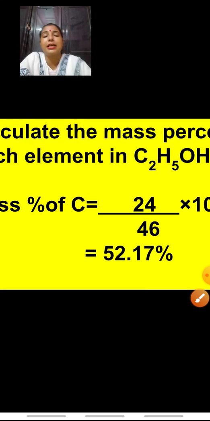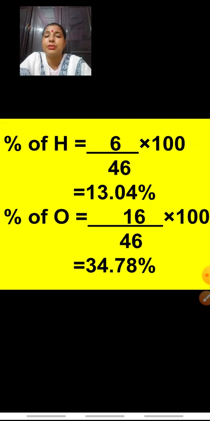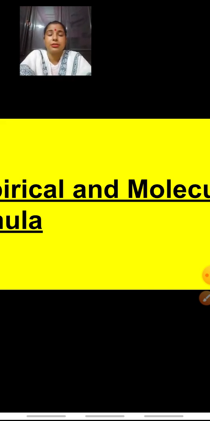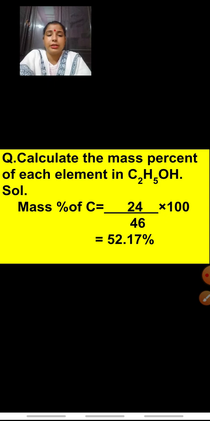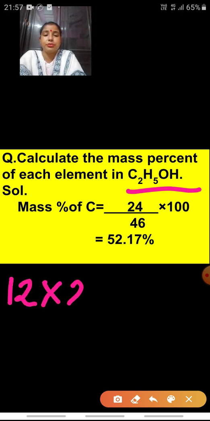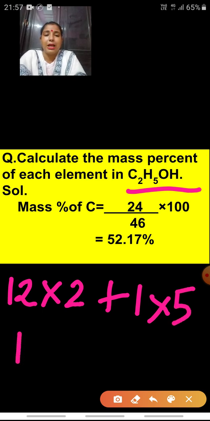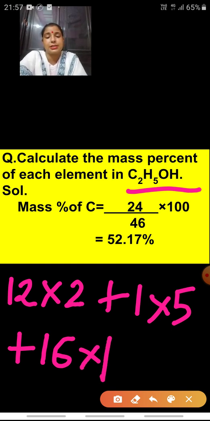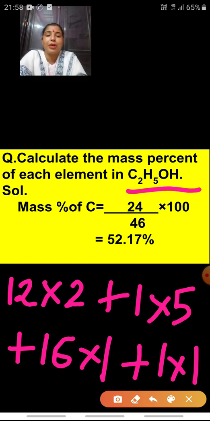From where do we get the molar mass? We have to calculate it. In this compound, carbon is 12 into 2, plus hydrogen is 1 into 5, plus oxygen, one atom, 16 into 1, because only one atom is there, plus 1 into 1 for the last hydrogen. 12 into 2 gives 24, plus 5 gives 29, plus 1 gives 30, and 16 gives 46.